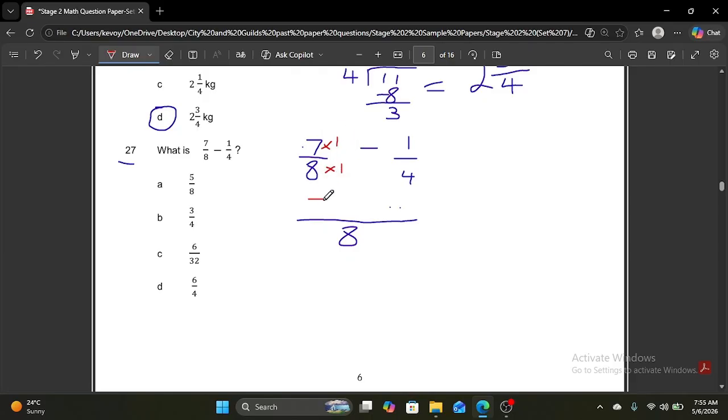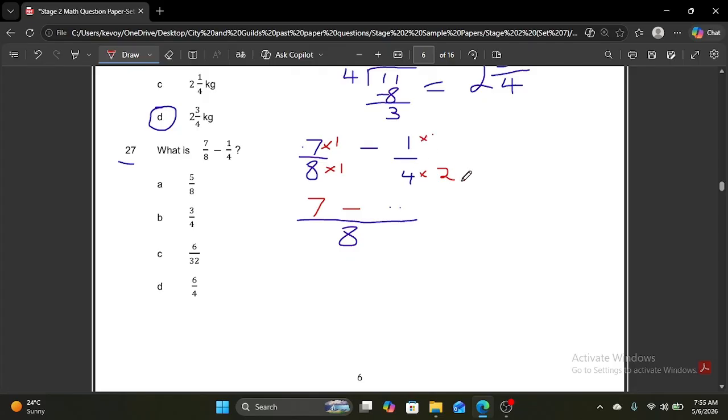So 7 minus, what do we multiply 4 by now to get 8? 4 times 2. 4 times 2 is 8, and you multiply at the top again by the same number.